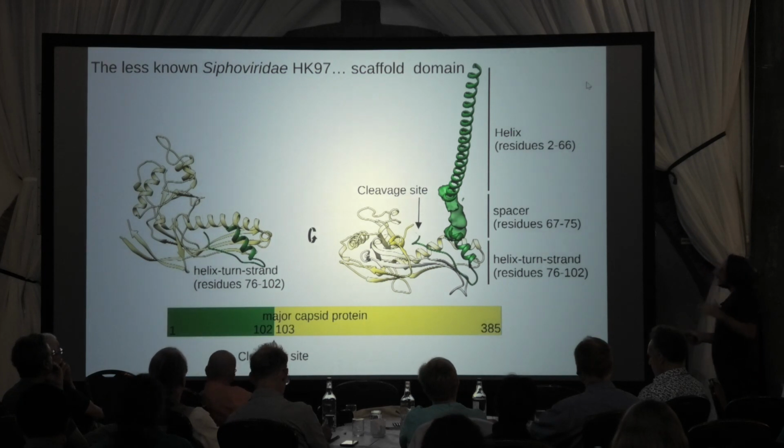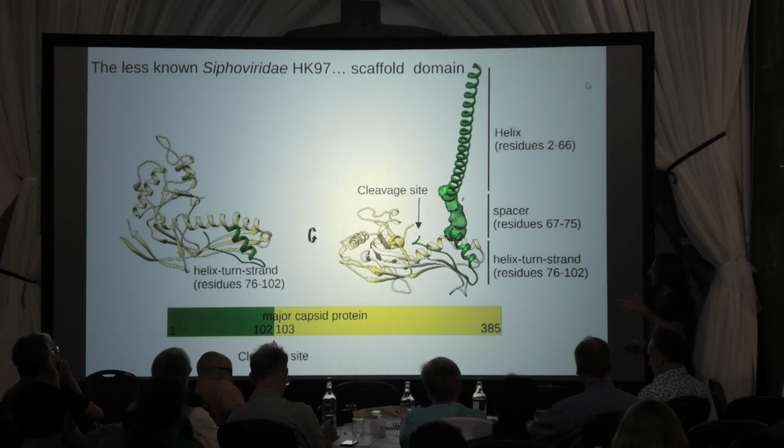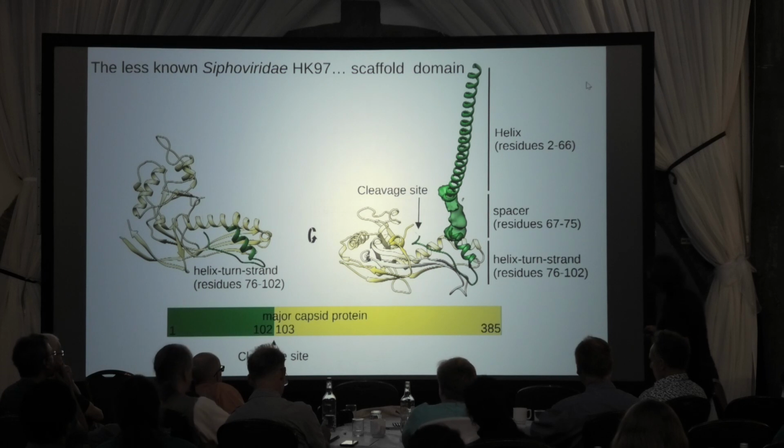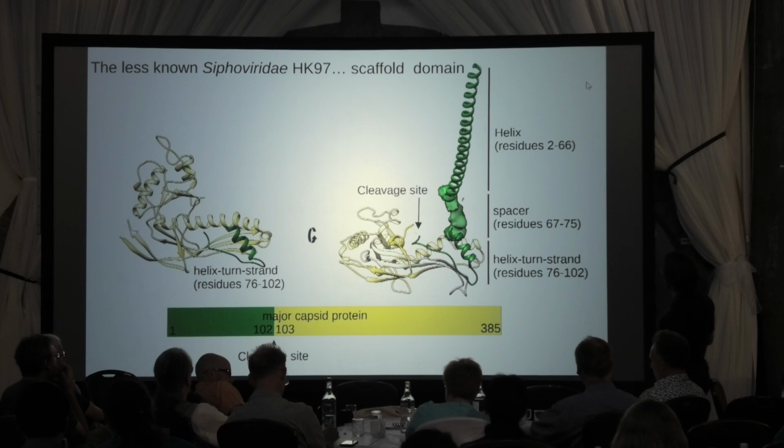So at the end, the HK97 fold is a bit more than the fold that we know. The major capsid protein itself is finally a combination of both the fold plus the scaffold, for which we can now have some good idea about its conformation. The scaffold originates just after the end arm, at the cleavage site.